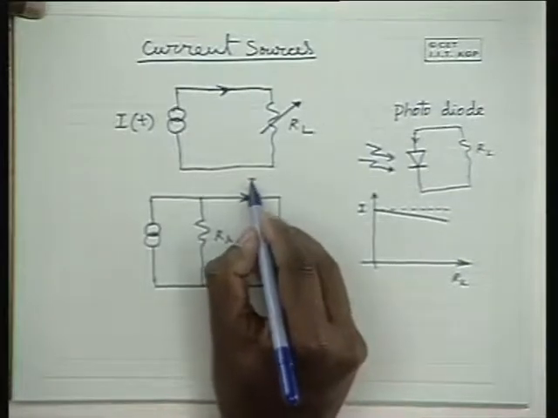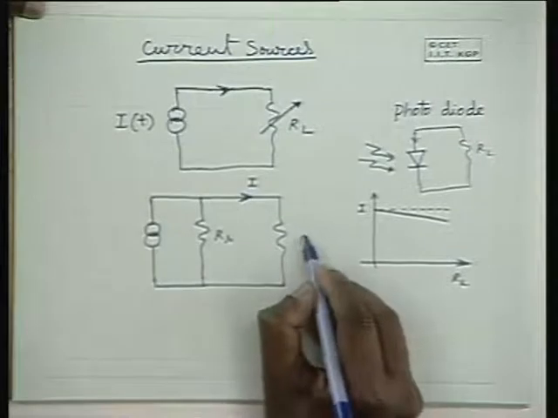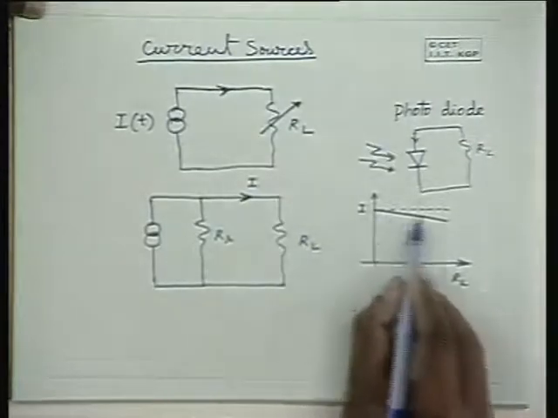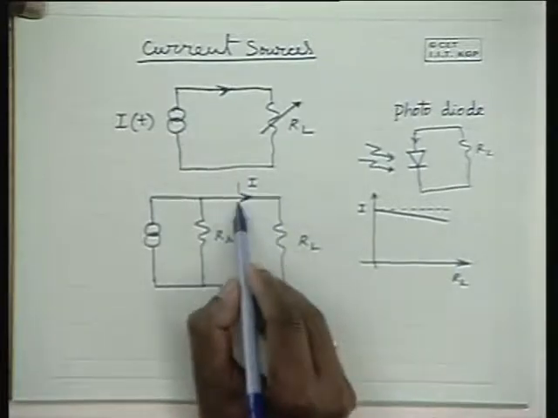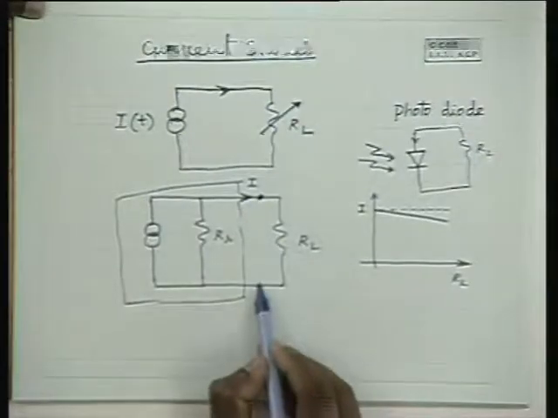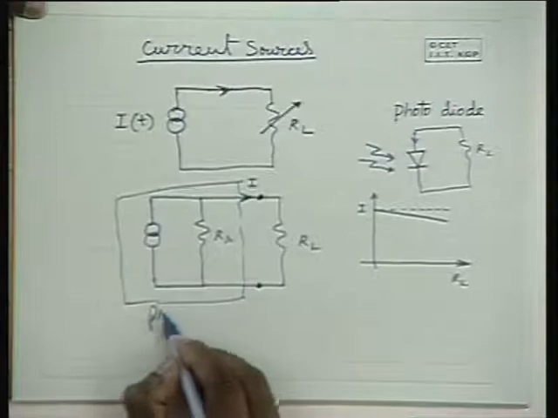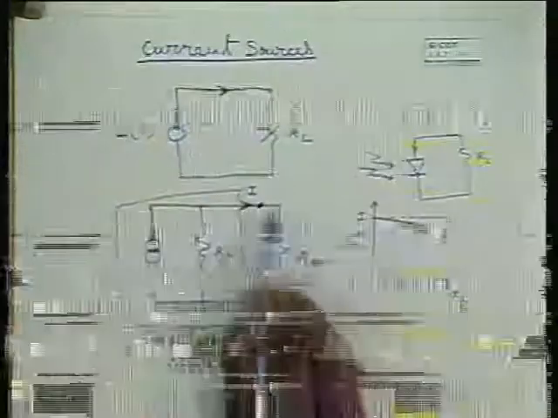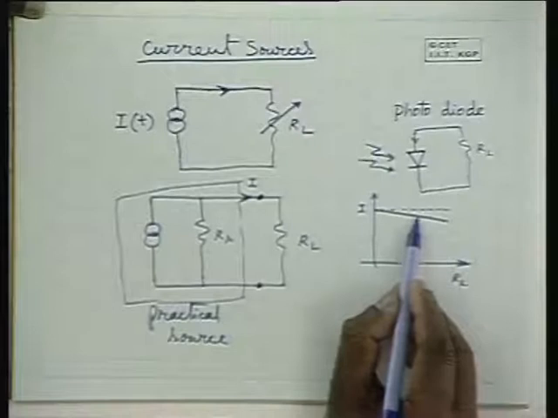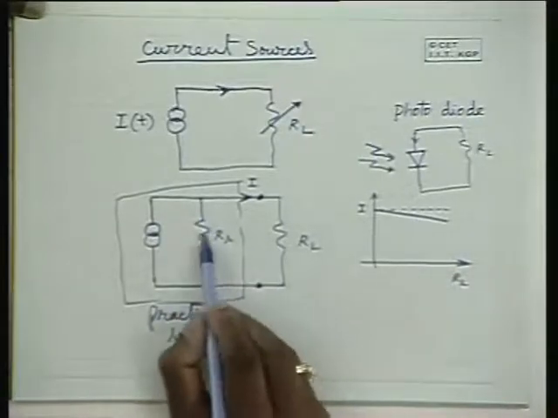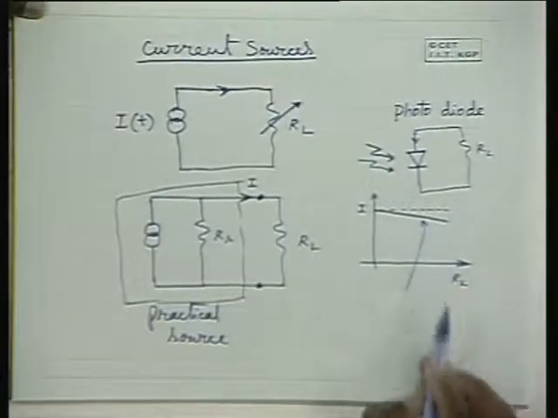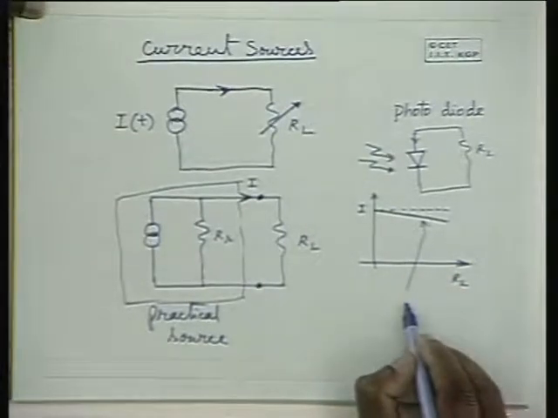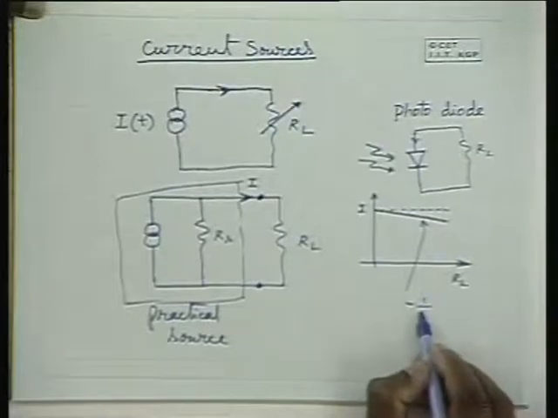The current I drops with RL in this fashion. So for the terminal current going out of the terminals of this practical source, it is obvious that there is a parallel resistance Rs inside. So what is the slope of this characteristic?